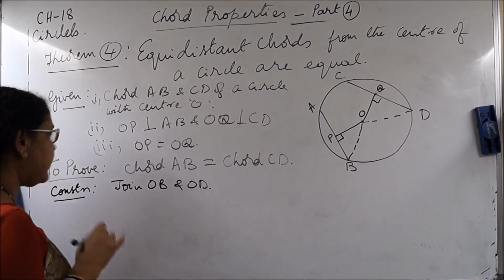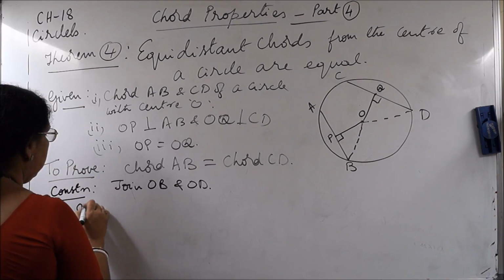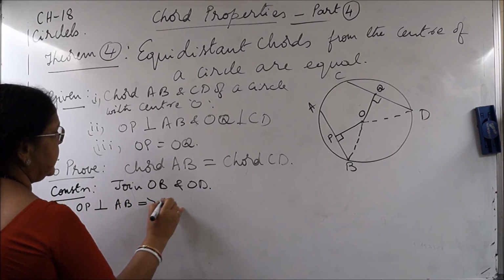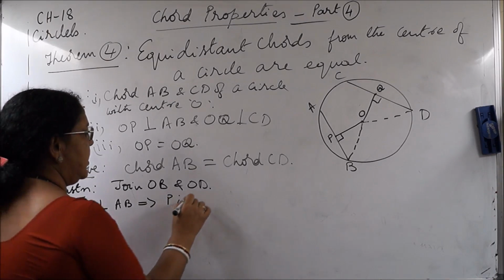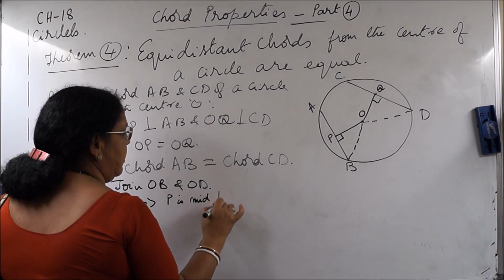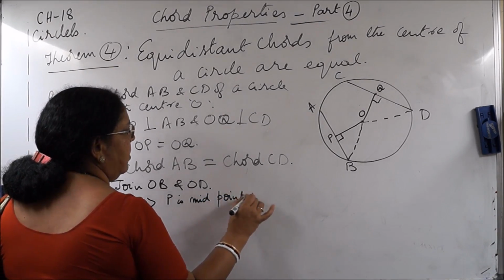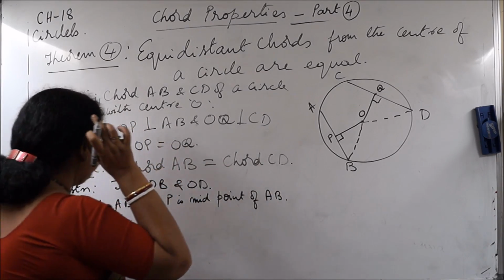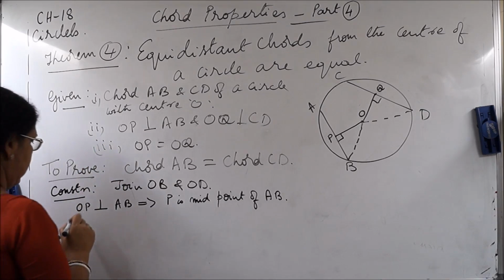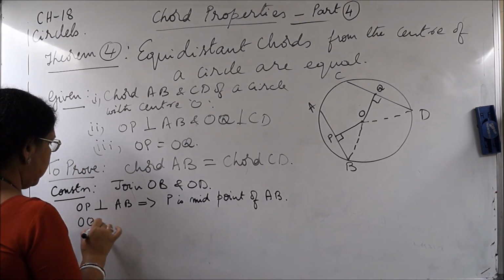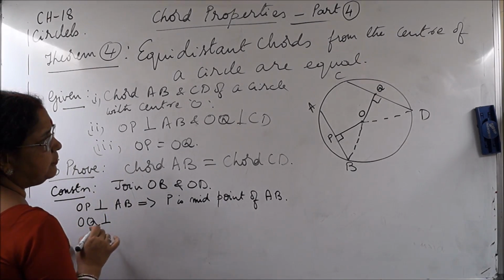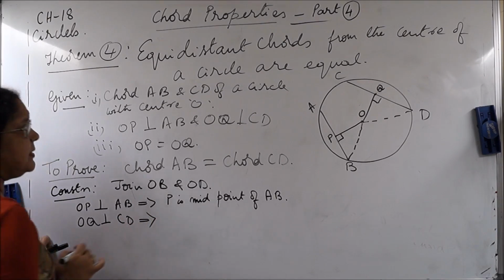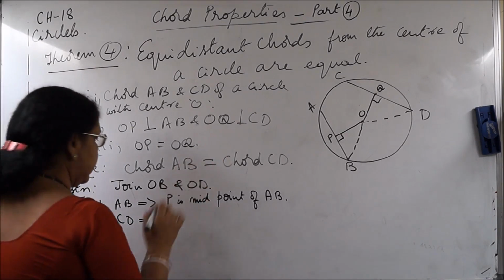So let us write that OP is perpendicular to AB implies P is the midpoint of AB. Okay, and OQ is perpendicular to CD implies, what does it imply?